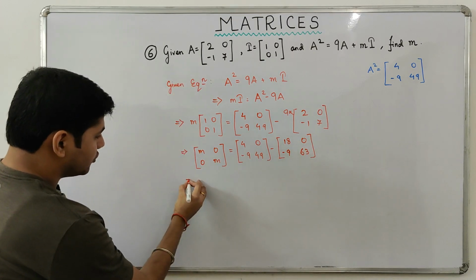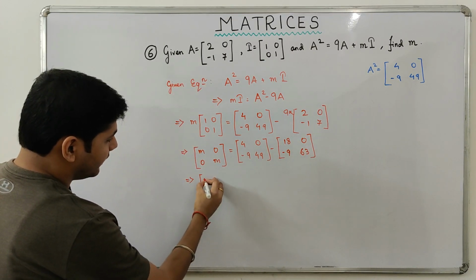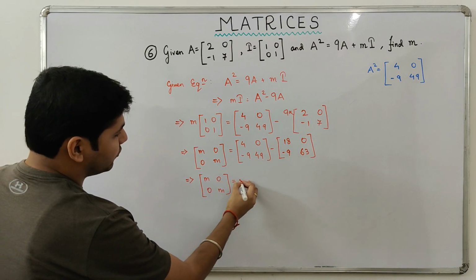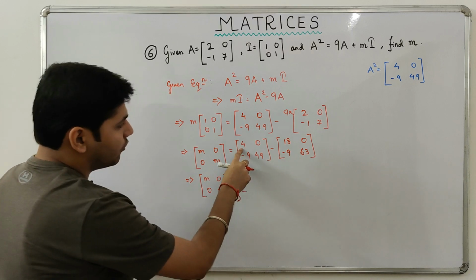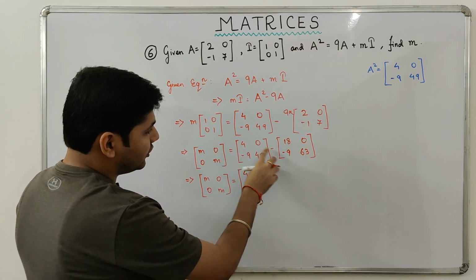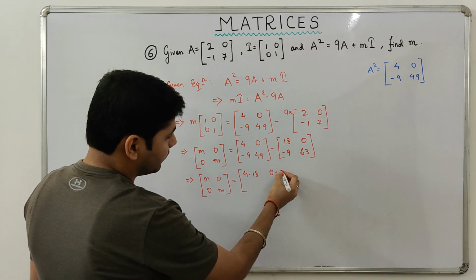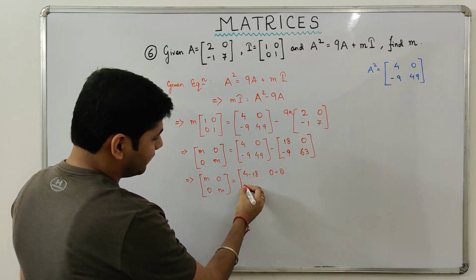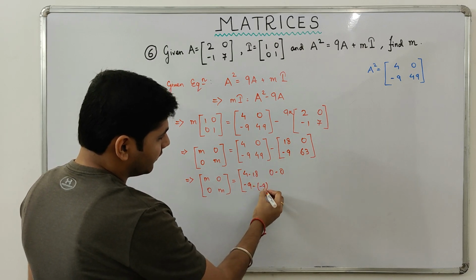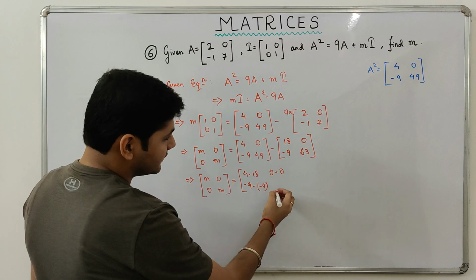Simple. So what we will get? We will get [M 0; 0 M] is equal to [4 minus 18, 0 minus 0; minus 9 minus of minus 9, 49 minus 63].